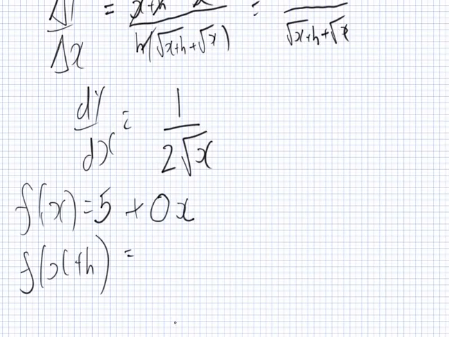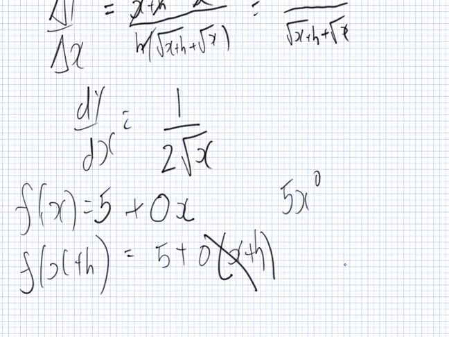So then this would be 5 plus 0 times (x plus h). Gone. Point being, it's 5 also. Yes? Did you say 5 power 0? Yes. You could have also said 5x power 0, which would be 5 then (x plus h) power 0, which also is just 5.